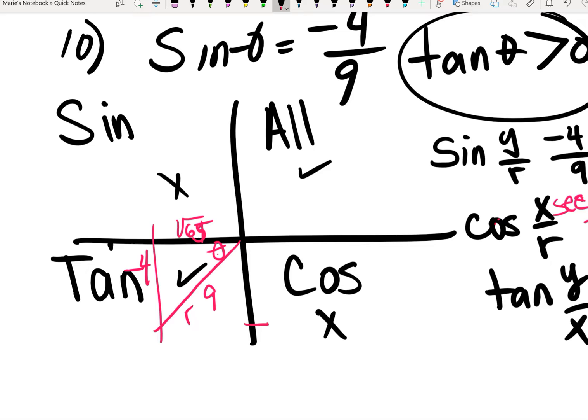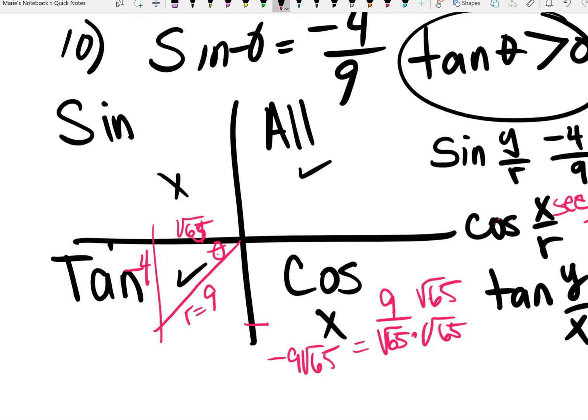Remember, this is r. That's x. So I end up with 9 over square root of 65, but I need to multiply by square root of 65 top and bottom. So this will now become 9 square root of 65 over 65, negative. So negative 9 square root 65 over 65. And it will be a negative value. It has to be negative. Okay, so that is number 10.